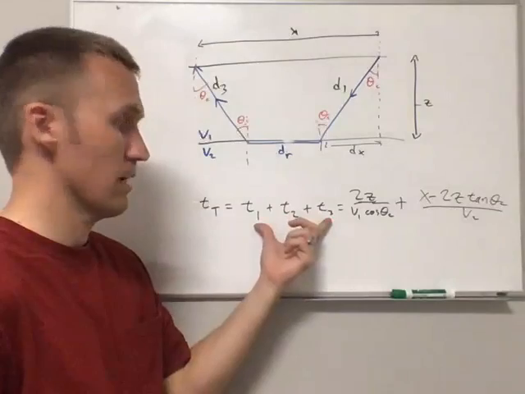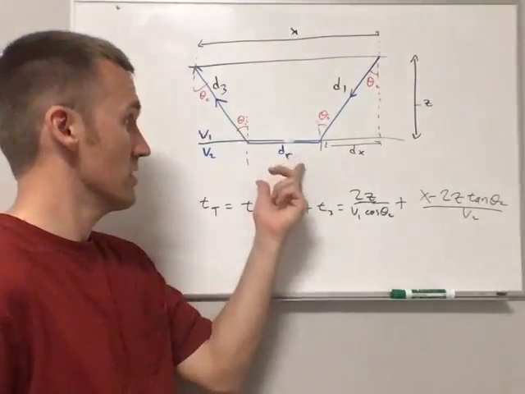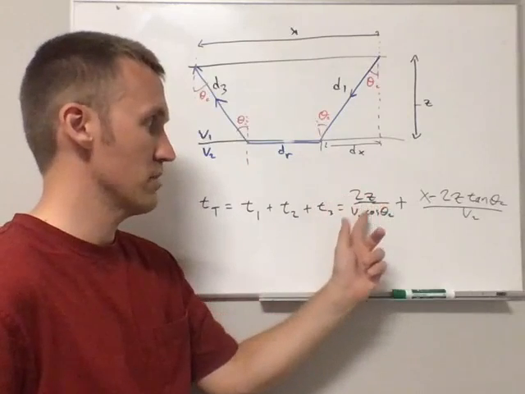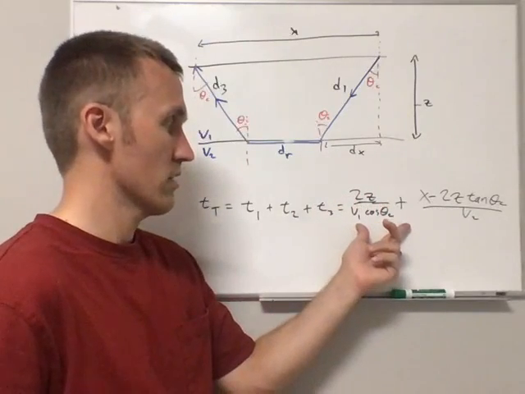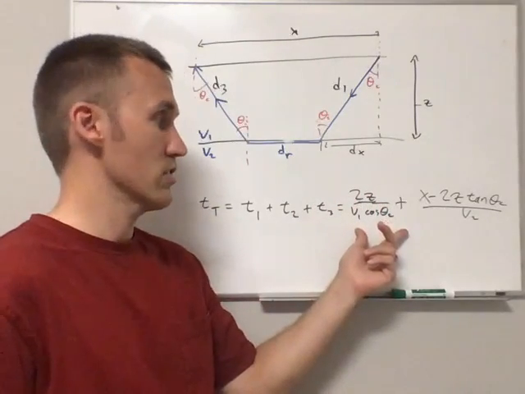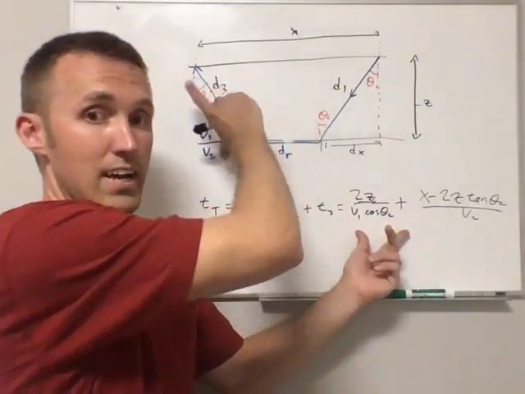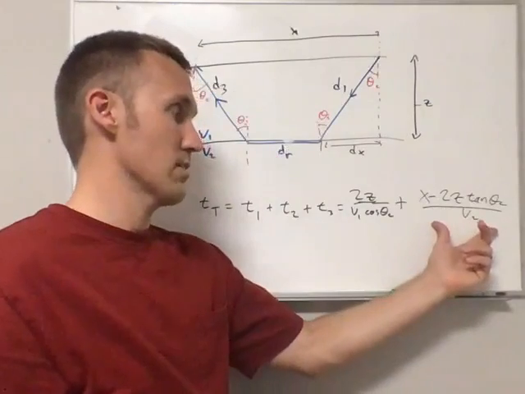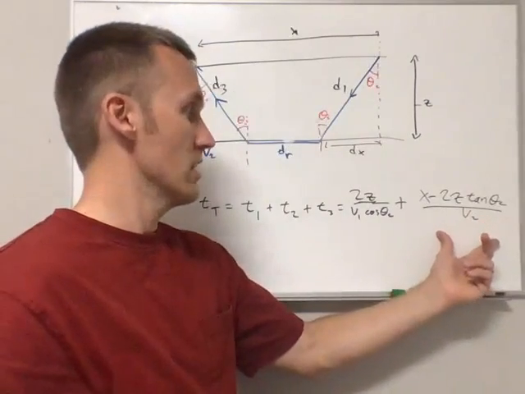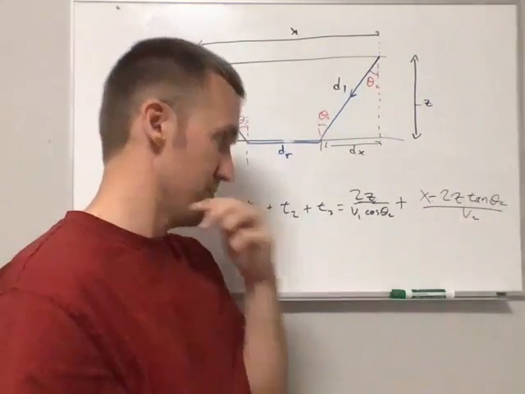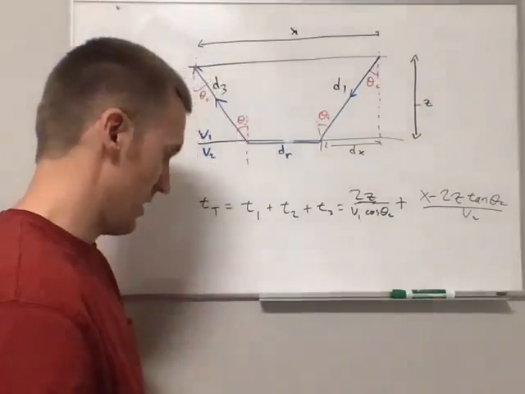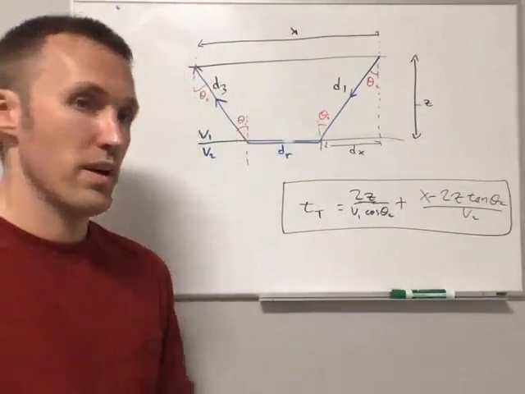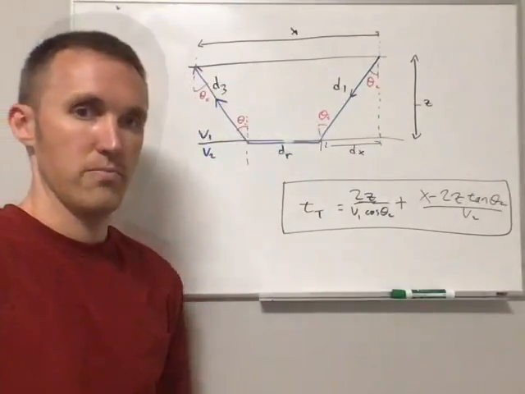So t1 and t3 are the same. t2 is different, so that's 2 times z over v1 cosine theta c. That's the first segment and the last segment. And then that middle segment here is x minus 2z tan theta c divided by v2. Okay, so this expression is the total travel time of the ray during this path.